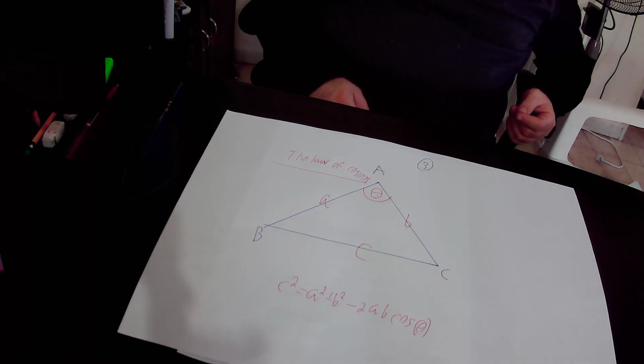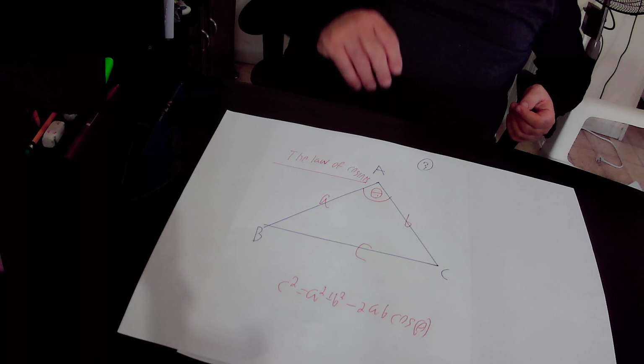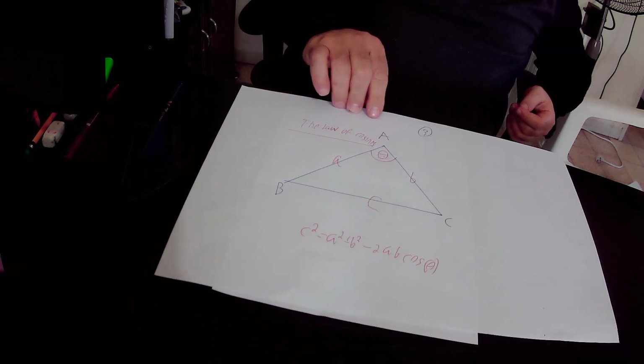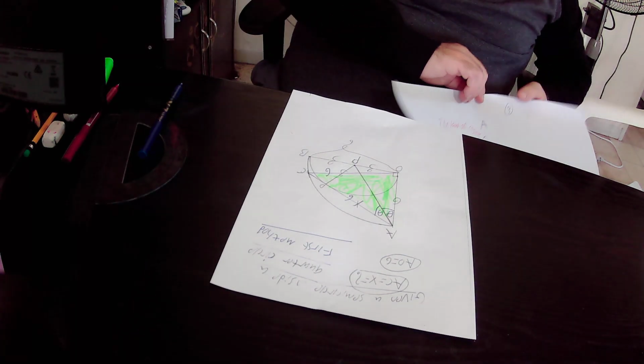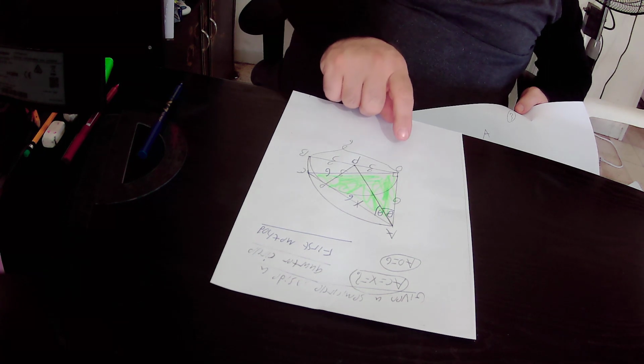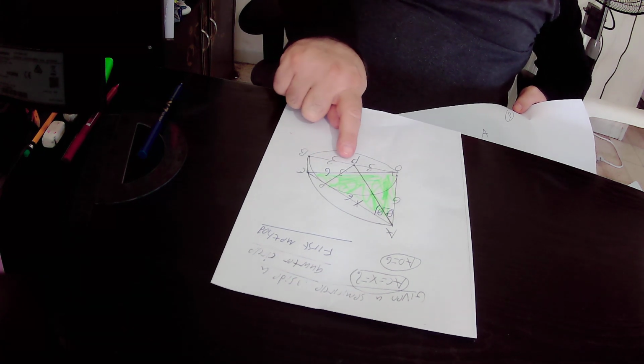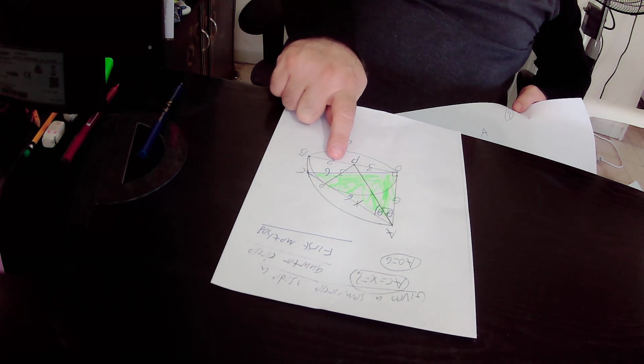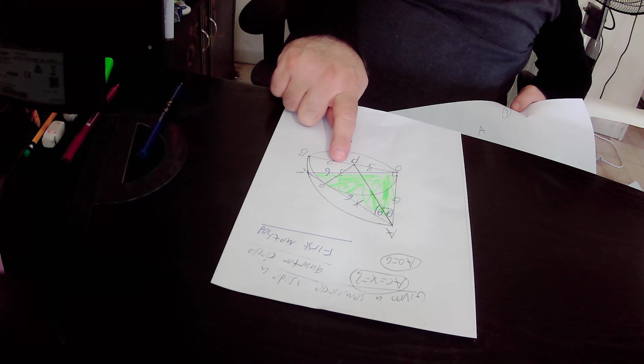You can use this formula in any triangle, so we'll implement the law of cosines in our triangle. We'll join points O and C together by a straight line. In this case, we actually created triangle AOC. We'll implement the law of cosines in this green triangle, triangle AOC.